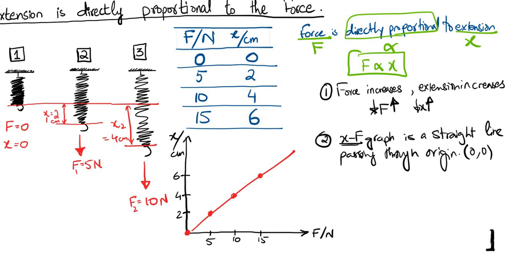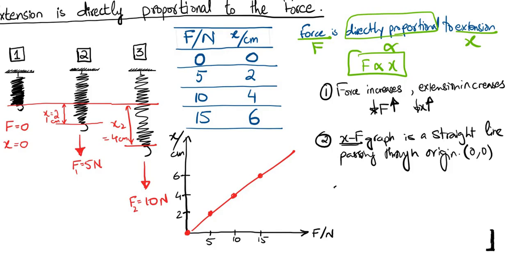Origin is the point 0, 0. So when force is 0, extension is 0. So these are two implications कि जब हम कहते हैं force is directly proportional to x, that means when force increases, extension increases, and the graph of force against extension or extension against force will be a straight line passing through the origin.